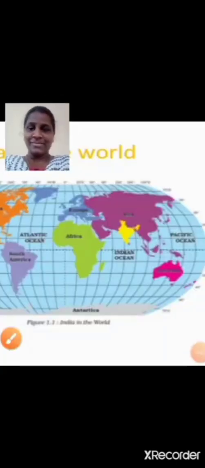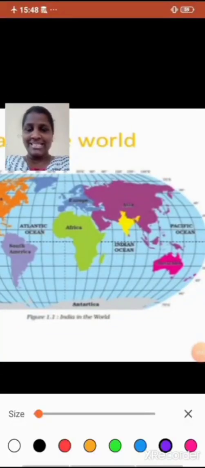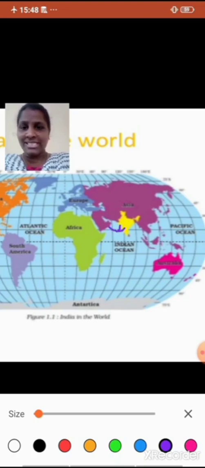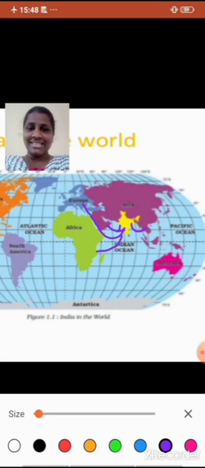Students, have a look at this map. You can easily understand that from the western coast of our country, we can easily have close contact with West Asia, Europe and Africa. And from the eastern coast, we can have close contact with East Asia. Is that clear, students? I hope it is clear.